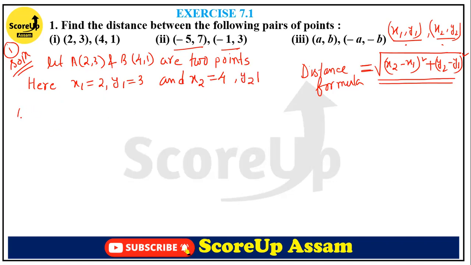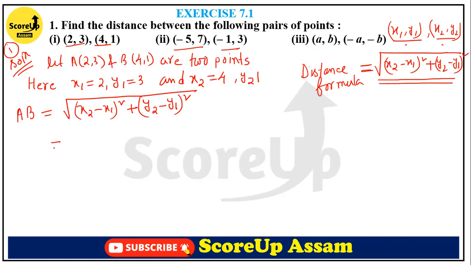So these are the two points A and B, because we have represented these points by A and B respectively. The distance between the two points AB is equal to what? It is equal to root of x2 minus x1 whole square plus y2 minus y1 whole square.